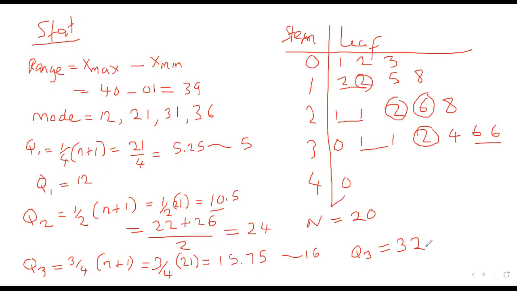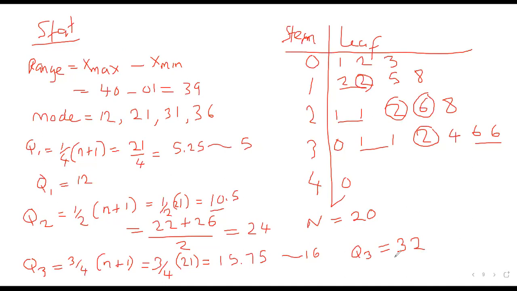Right. So now to find the interquartile range, it is the upper quartile minus the lower quartile. So our upper quartile is 32. The lower quartile is 12.